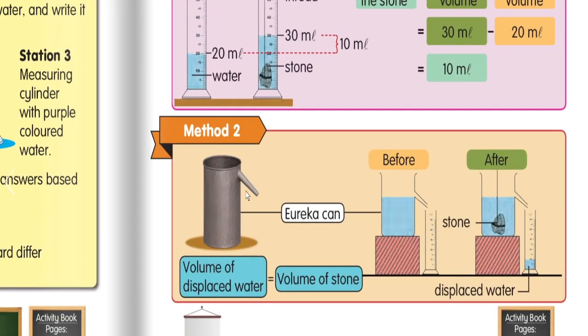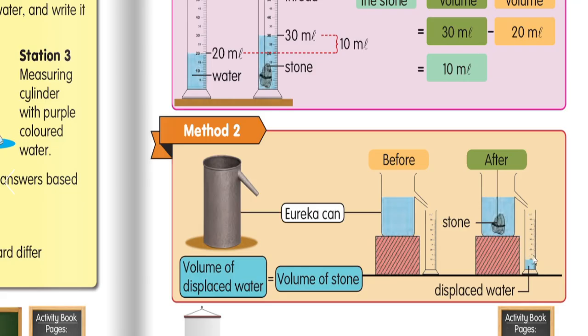Then this is method 2, in which we use this can. Let's suppose water is filled till this open hole. As soon as we put a stone into it, the water level would rise up, and through this hole it will come into this cylinder, right?